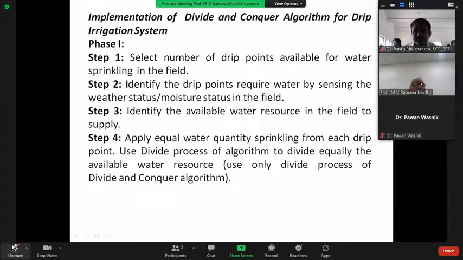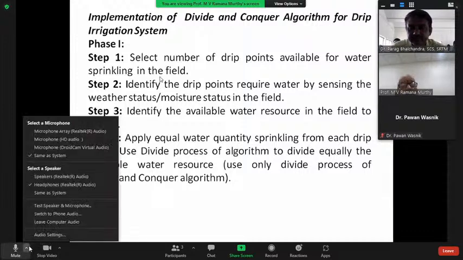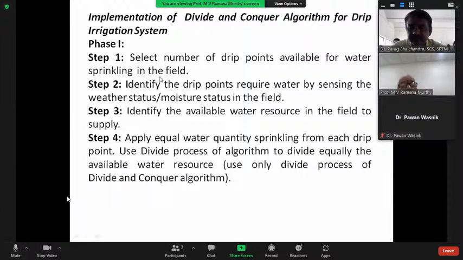This includes the first phase; there are two phases. The first step is to select the points available for water sprinkling in the field. Then the second is the points required. Step 3 is to identify the available water source in the field to supply.